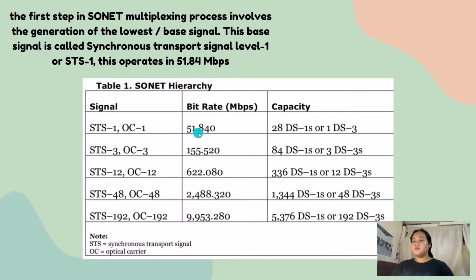So for STS-1, its counterpart is OC-1, and the capacity is 28 digital signal 1s, or 1 digital signal 3, for level 3. And for the rest of the levels, or the STS-N family, these are their designated bit rates and their capacities.